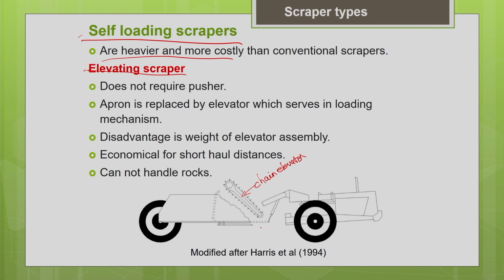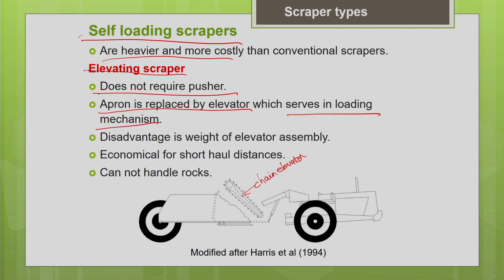It will facilitate the entry of your material into the bowl. As usual, you have an ejector, which will help you to dump the material when dumping is needed. Basically this does not require the help of a pusher. That is why we call it a self-loading scraper. Here the apron is replaced by an elevator, which helps you to load.